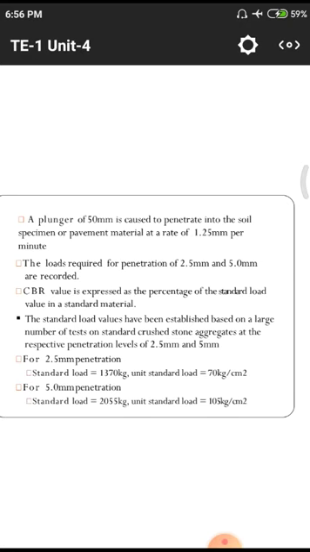That means for the standard load value after 2.5 penetration, how much load is required; for 5 penetration, how much load is required. Those two things will be observed and the load will be standardized for that particular material, so the values will change from material to material.